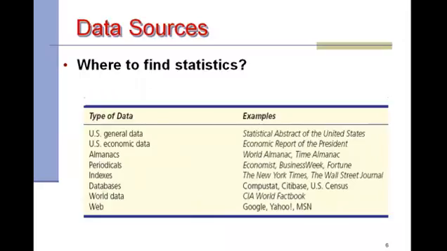Okay. Where to find statistics? Well, if you want to look up statistics, Lord knows there's millions of places where we're inundated with all these different numbers. But just some of the common ones, particularly one I wanted to bring to your attention, is something called the Statistical Abstract of the United States. If you have never visited or looked at it, it's a pretty amazing collection of data.